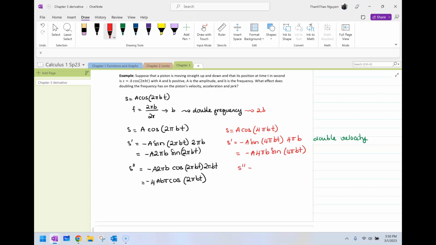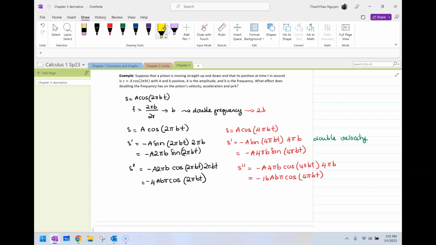And this is negative 16 ab pi times cosine of 4 pi bt.